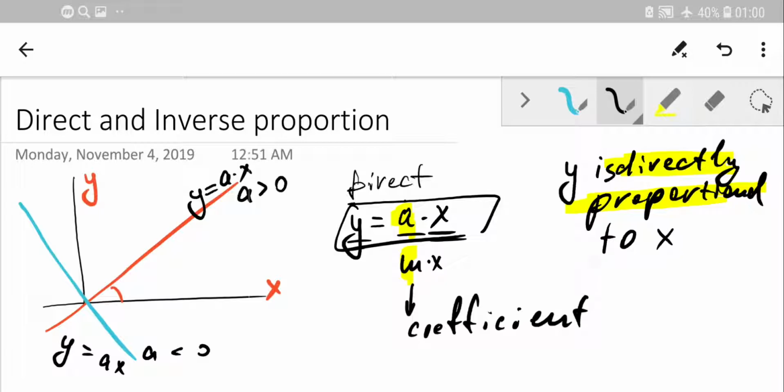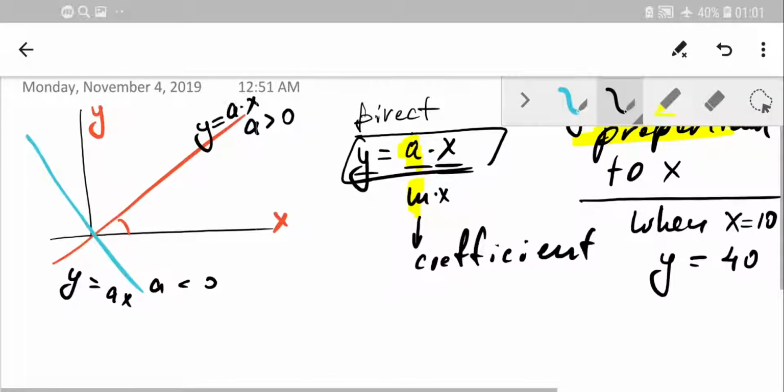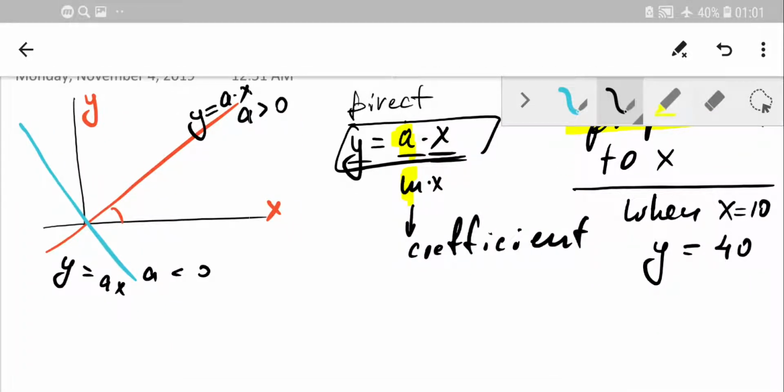And for example, you might be given conditions. Let's say when x equals 10, y equals, let's say, 40. So you need to find or determine coefficient a and write the formula. That's a typical task.